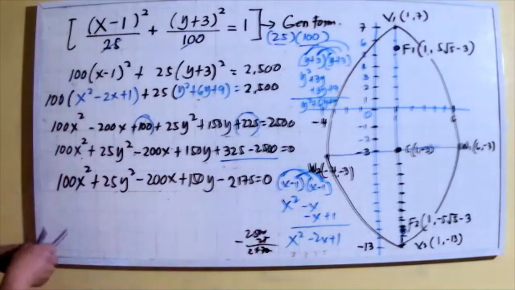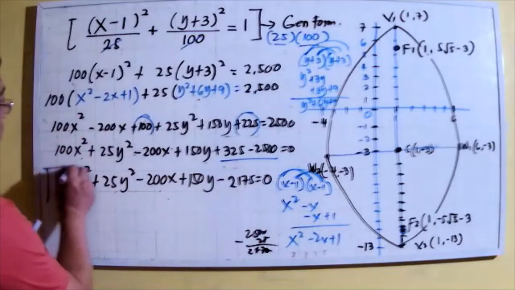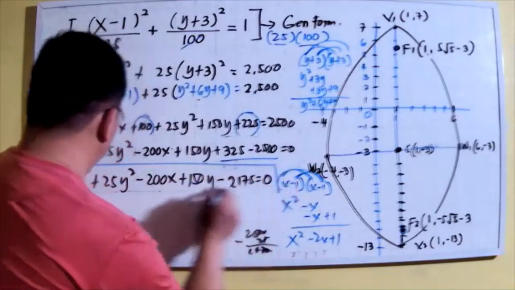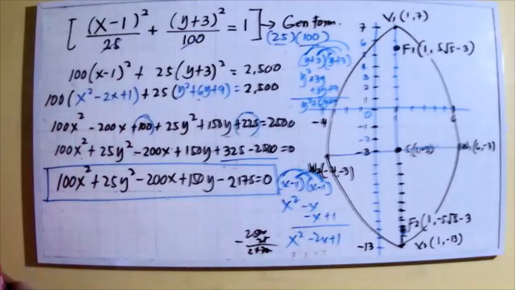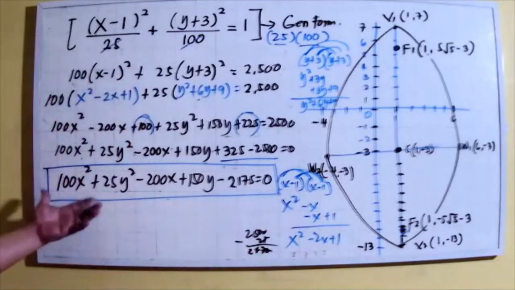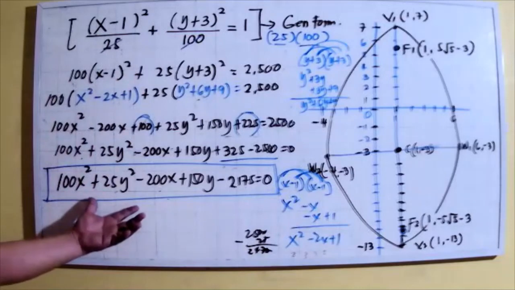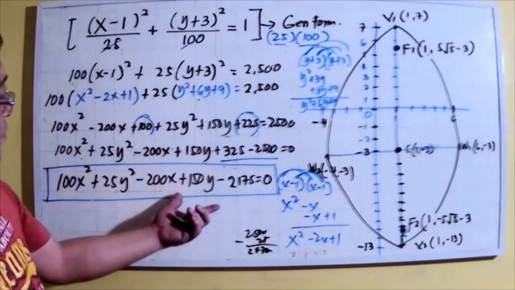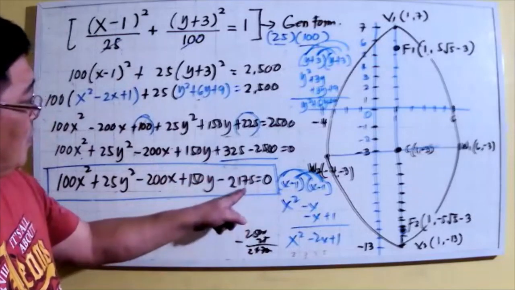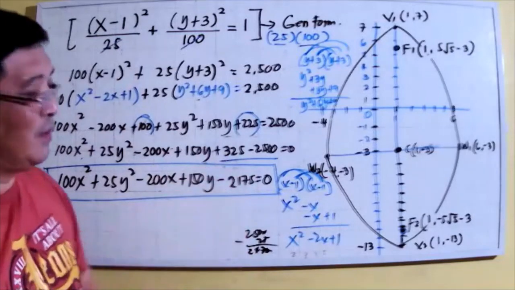So this is the equation of an ellipse in general form. So, tama ba? Okay.